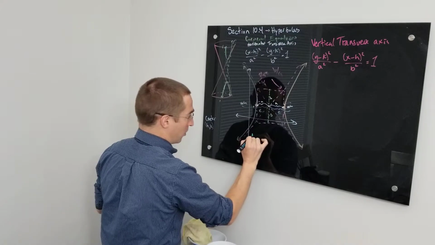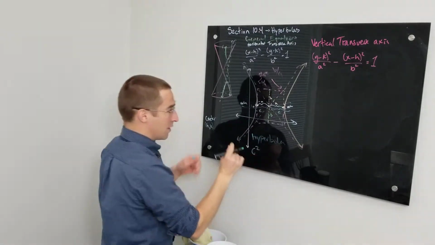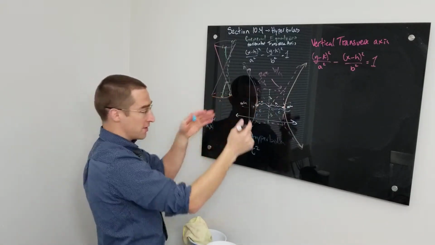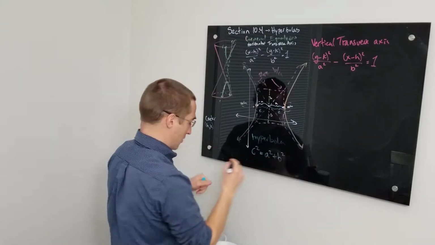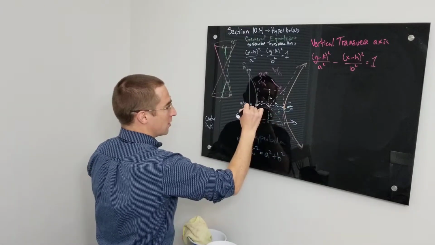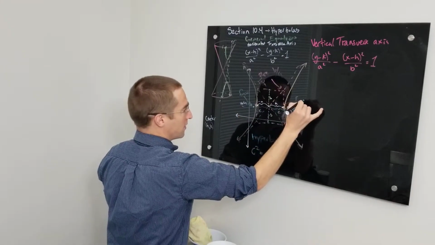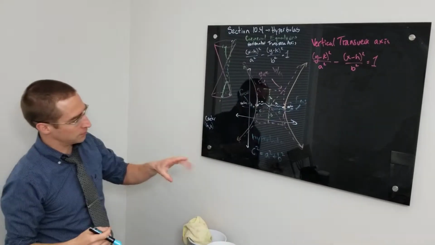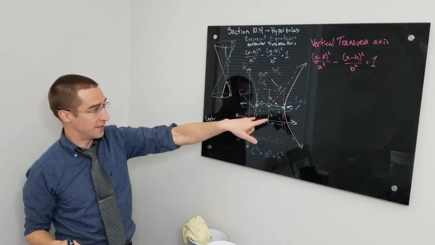And here for a hyperbola, the distance c from the center to the focus follows this rule of c squared equals a squared plus b squared. So our foci are going to be, so a focus is right there, and a focus is right there. You add your a squared and your b squared together, square root it, and you get that distance.